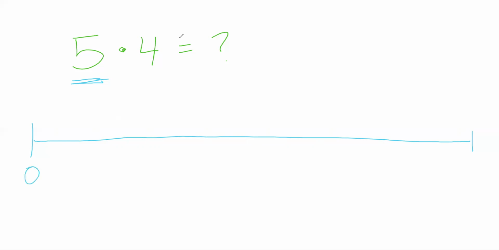So starting at 0, 1, 2, 3, 4, 5. I'm going to label that. 6, 7, 8, 9, 10. I'm going to label that. 11, 12, 13, 14, 15, 16, 17, 18, 19, 20, 21, 22, 23, 24, 25. I'll stop there for now and let's see what we get.